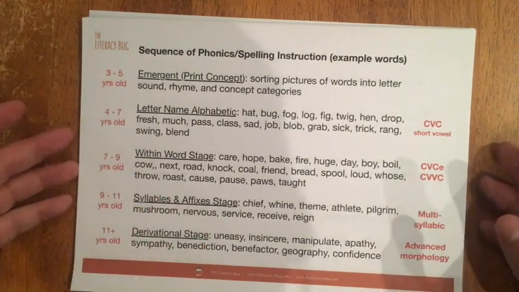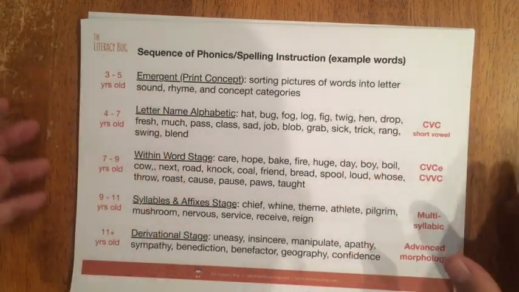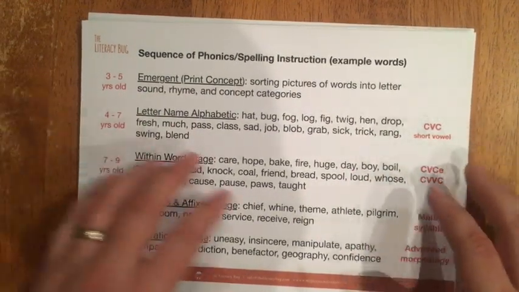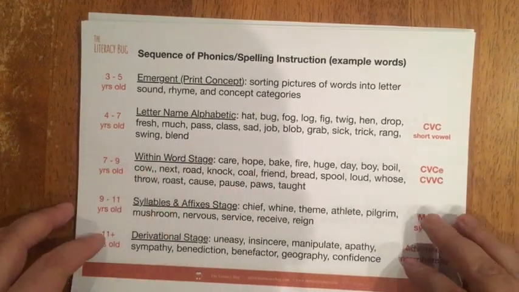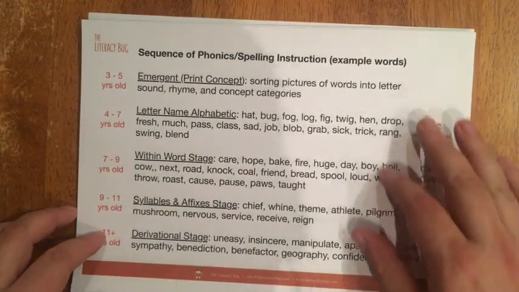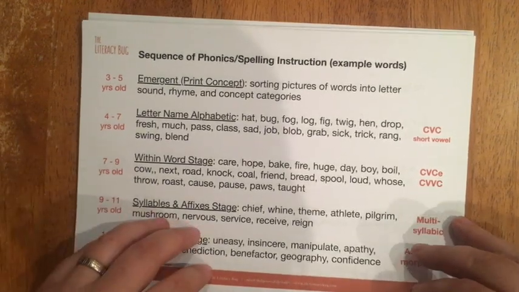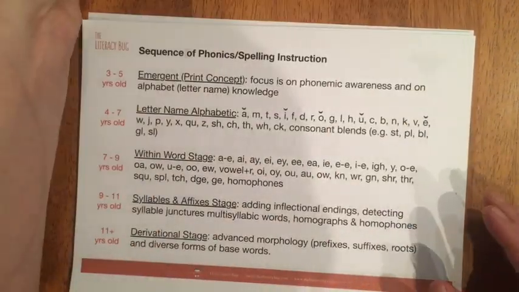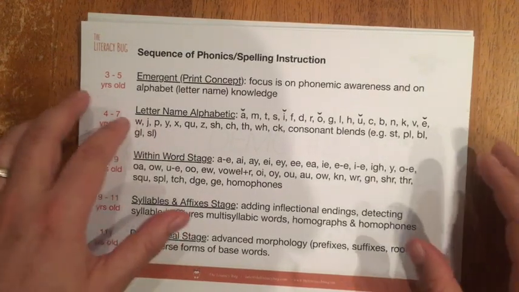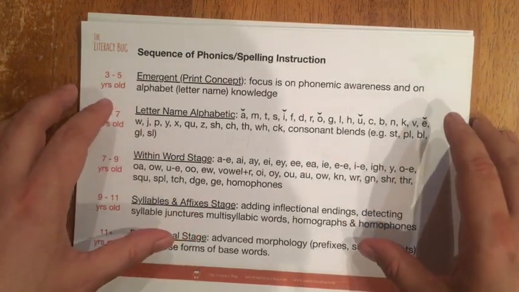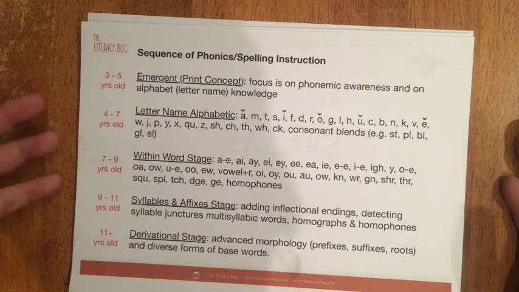And similar here, giving more examples. So you can download these slides. I won't go through everything in detail here, but you can look at how the words become more complex across the stages. But what I want to demonstrate in the next slide is that this progression is also consistent with a phonics progression.